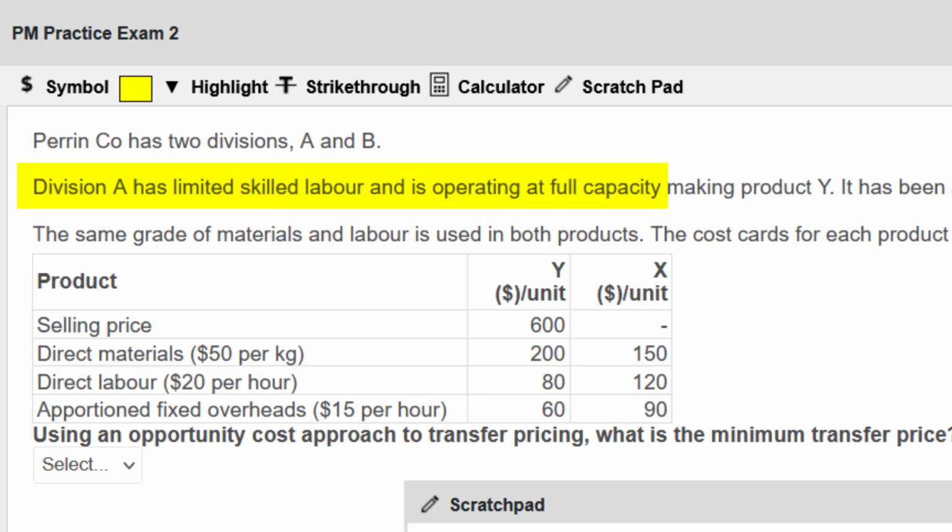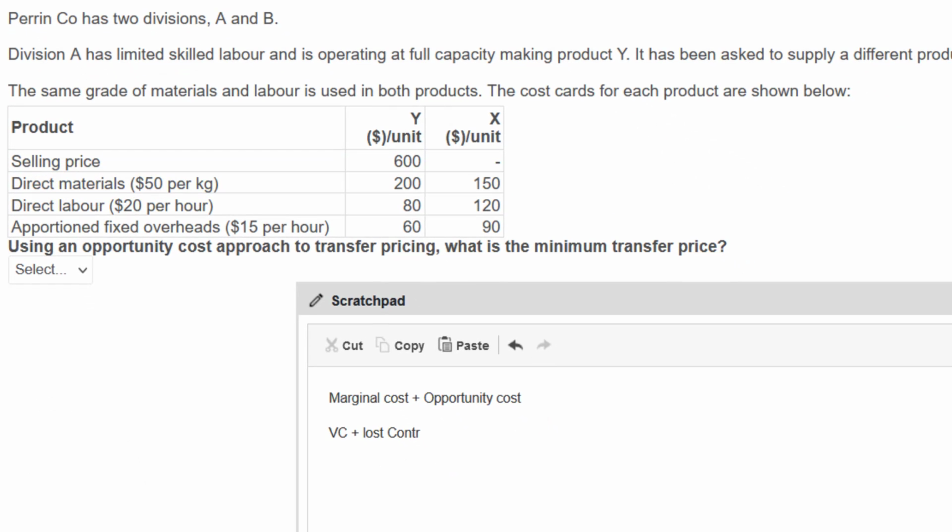So if we stop making Ys and we make Xs, the opportunity cost is the contribution per hour that we're away from making the Ys. So reading that first sentence, now I've got to make a slight adjustment to my formula, and that'll be the lost contribution per hour that we're away from making Ys. And we can now do the math.